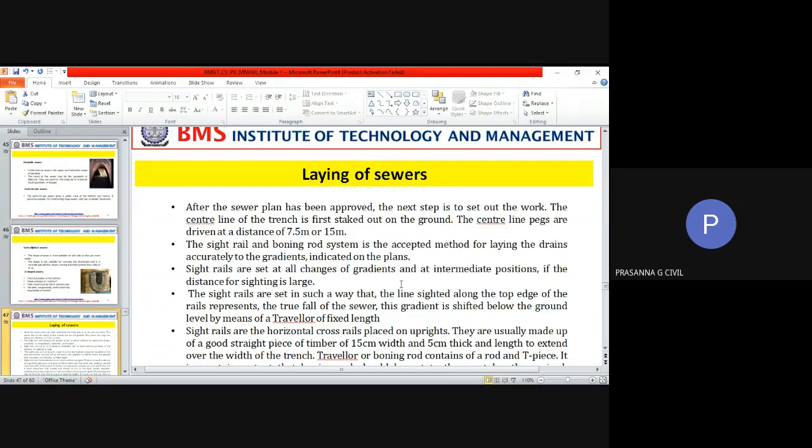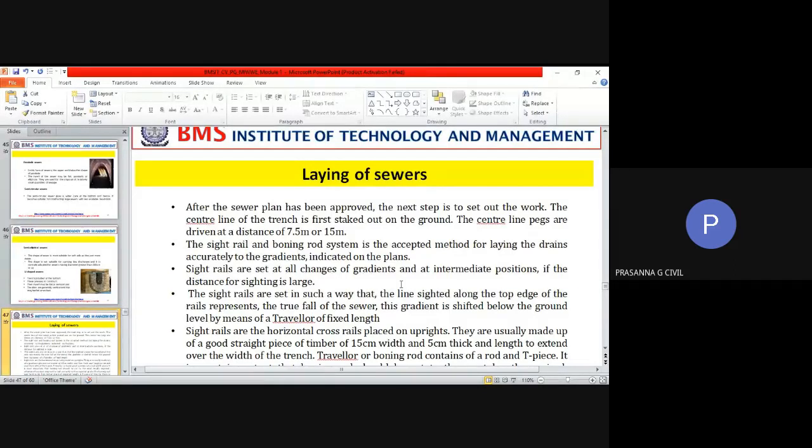So wherever, on the road or by the side of the road, wherever we need to do it, the center line is marked with respect to how much trench excavation needs to be done.